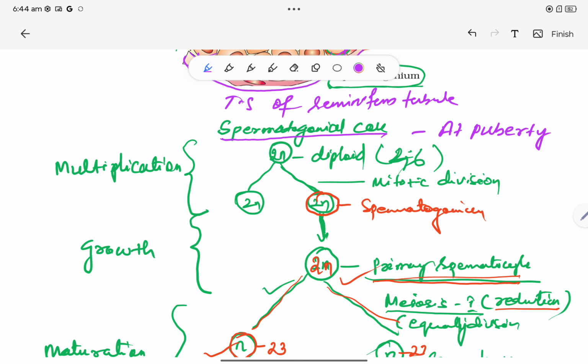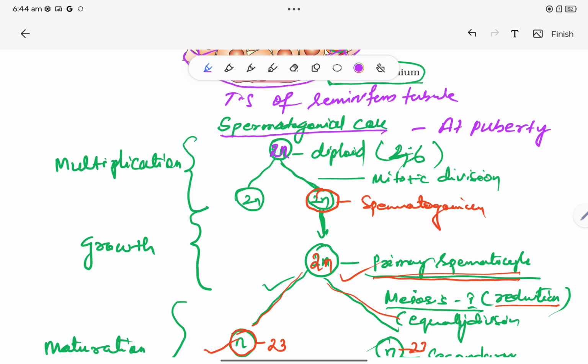What is the ploidy of spermatogonial cell? It is 2n, because so far no division has taken place, so it is diploid and it contains 46 chromosomes as it is human being. So a number of spermatogonial cells are produced by mitotic division.